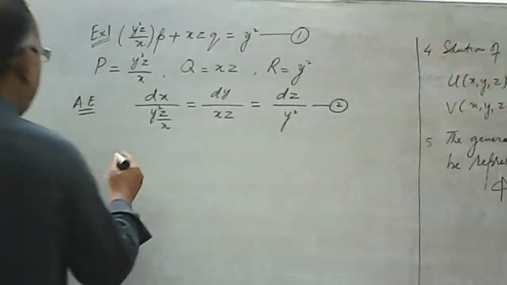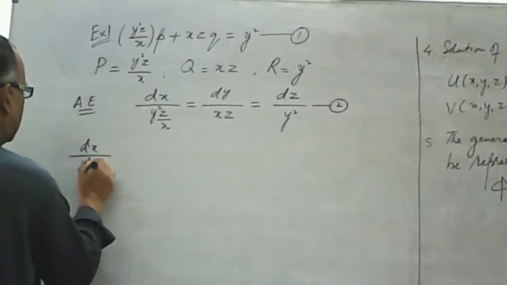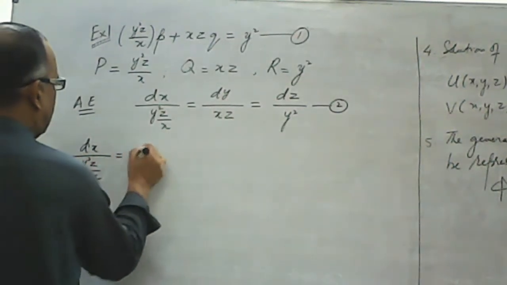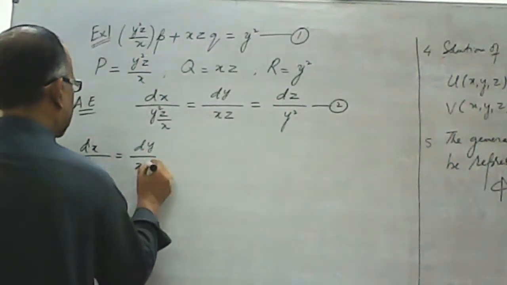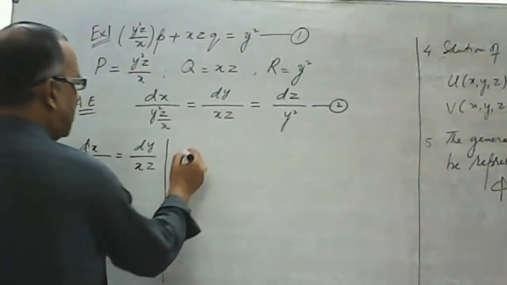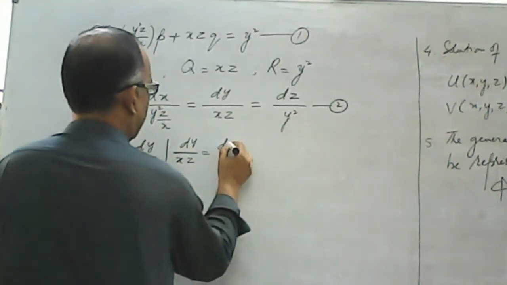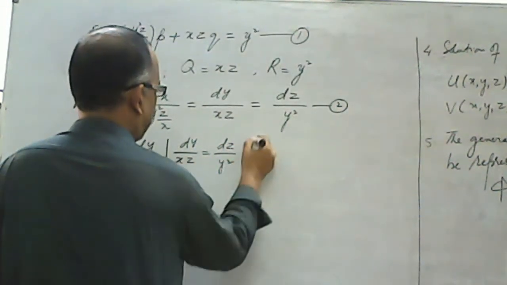So now I am making the pairs. So first pair is dx over y square z over x equal to dy over xz. This is pair number 1. Then pair number 2 is dy over xz equal to dz over y square. This is pair number 2.